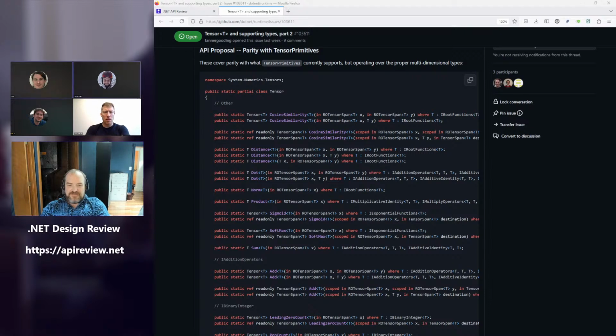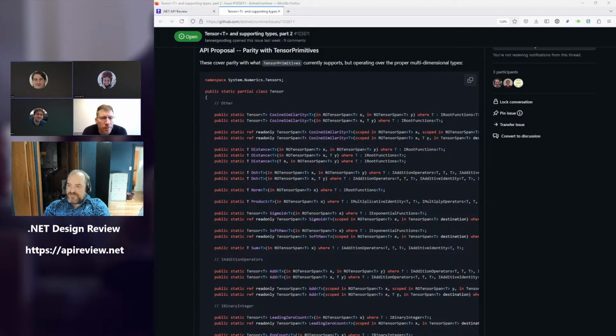Because 0 dimensions, so scalars, and 1, 2, and 3 are all very common. 4 dimensions is then used for some types of audio processing, and 5 dimensions is sometimes hit for other types of more domain-specific machine learning.